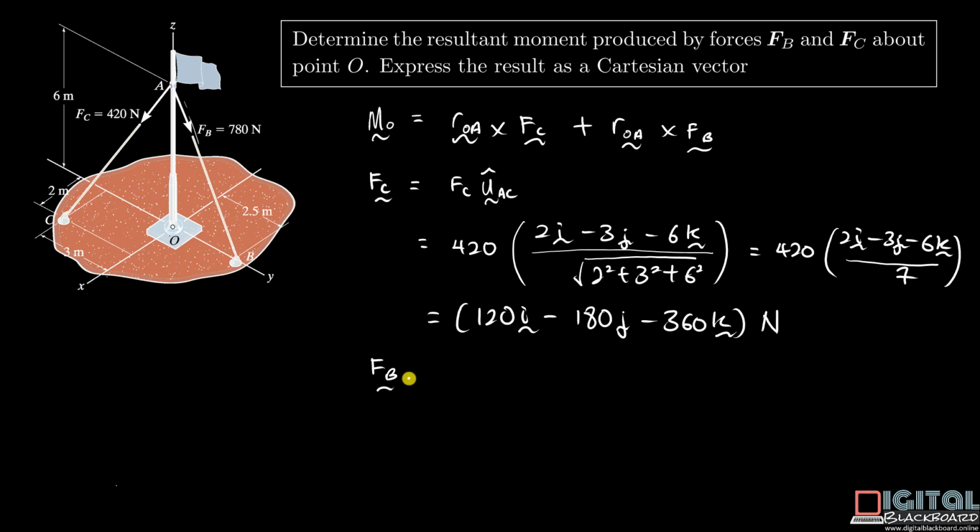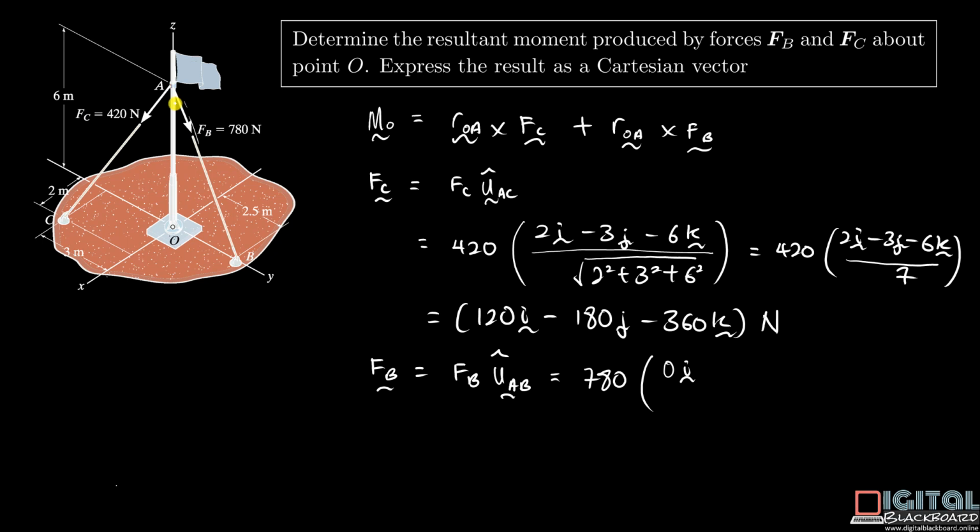FB vector is equal to the magnitude FB multiplied by the unit vector UAB cap, once again to indicate that it is indeed a unit vector. So that is equal to, given that the magnitude is 780 newtons, 780, then multiplied by the unit vector in the AB direction, which in this case, look at the x component, it is not moving in the x direction at all, so it's 0i.